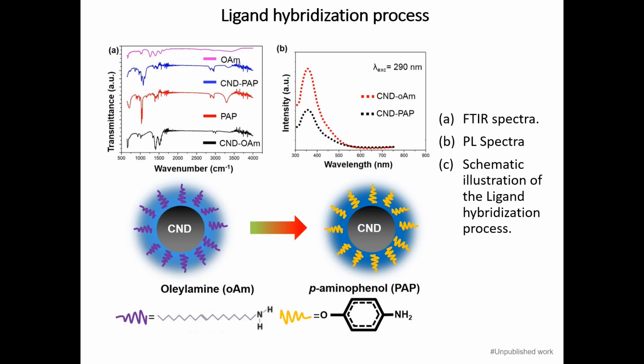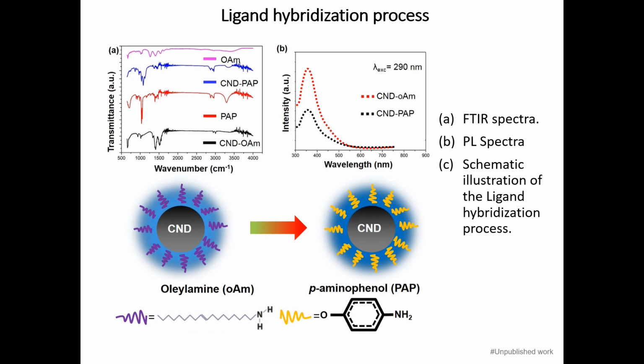But laser induced ligand hybridization is a unique technique. It doesn't give any adverse effect. It just makes the surface assist another surfactant molecule to anchor onto the initial material that we took.